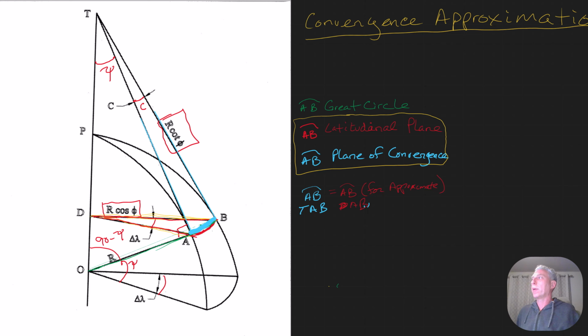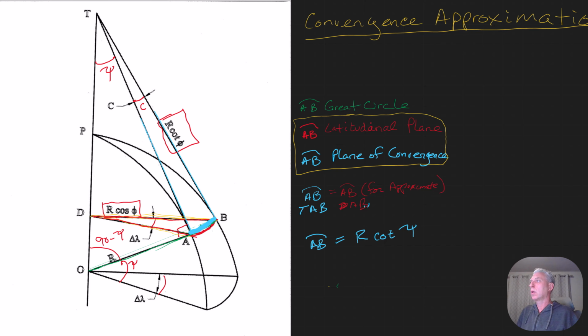So how does that help us? Well, we know how to find the arc length, right? Given an interior angle and a radius. So for the first one, arc AB, that lies in the plane of points T, A, and B, that would be equal to the radius that we're concerned with, which is R times the cotangent of psi.